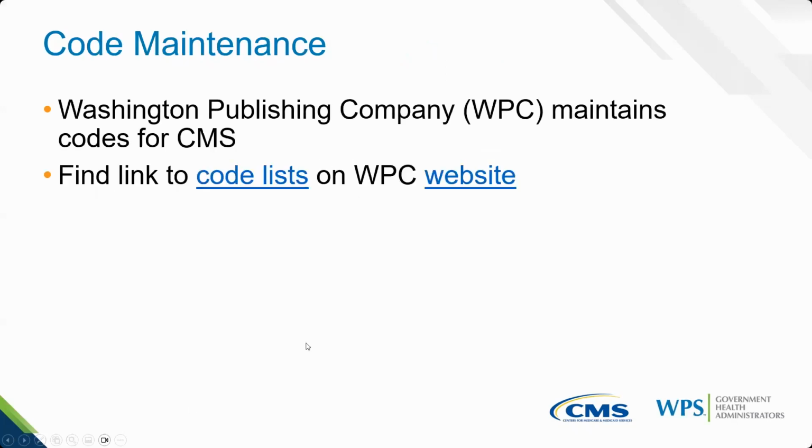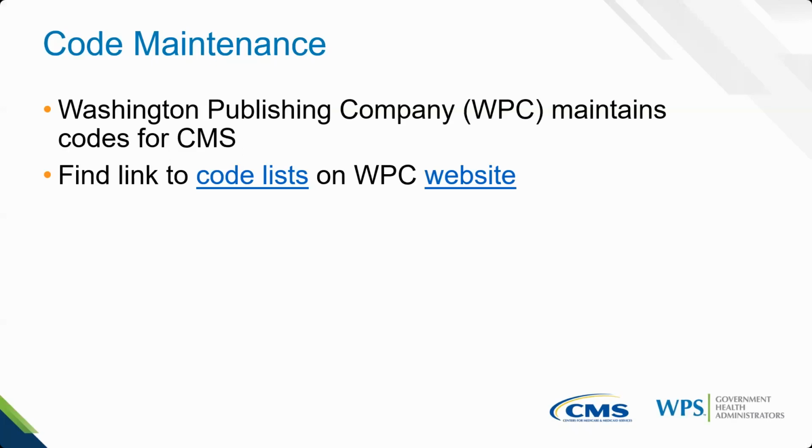You can find code lists, RARCs, CARCs, group codes, all of these, on the Washington Publishing Company website. This is a company that maintains those codes for CMS. Now, we do understand that some of the codes may be rather cryptic. Some of them may even appear as though they're out of date, and I'll give you an example of that.